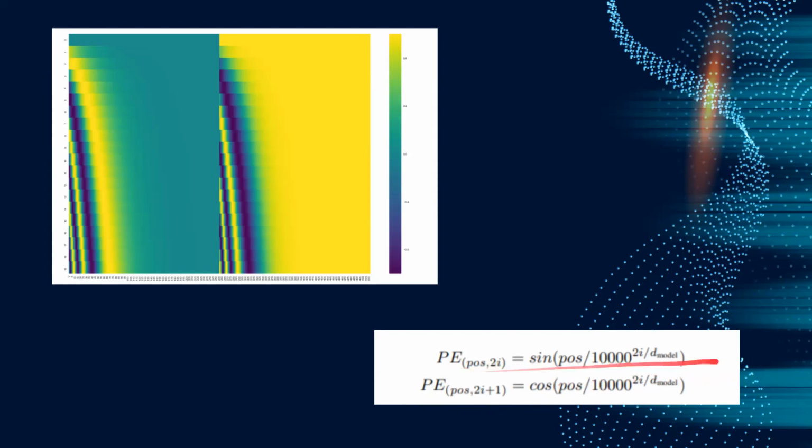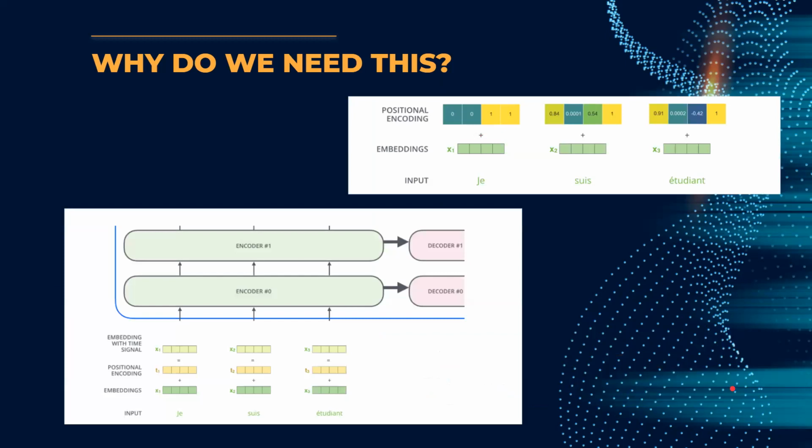So the first two indexes will have zeros and the second two indexes will have 1. You can see that is the positional encoding. You add these positional encodings to the token embedding to get the final embeddings of the word, the token. These are the final tokens that are passed into the transformer for learning.